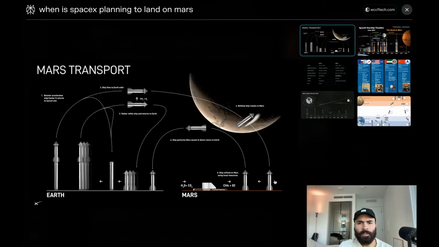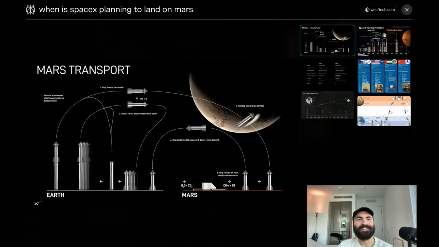Okay. And then you land on Mars. Ship refilled on Mars using local resources, methane and oxygen.